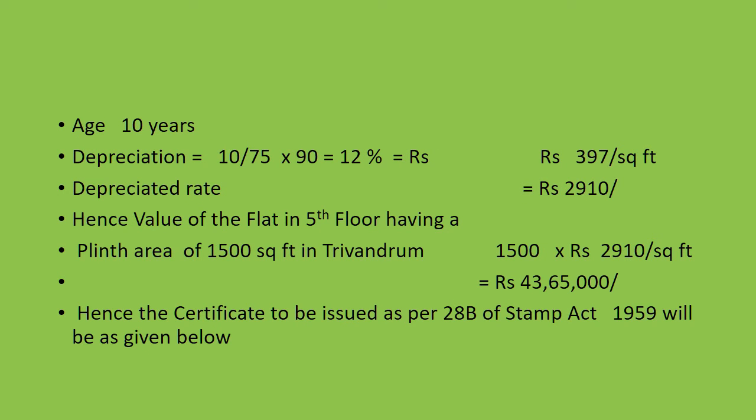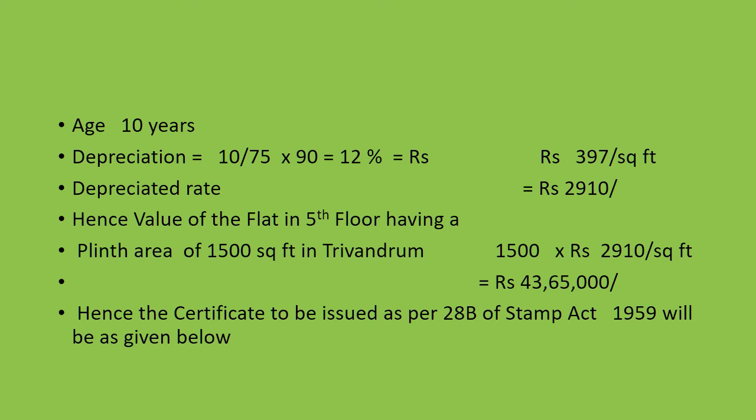The age of the flat is 10 years, so we have to deduct for depreciation. Depreciation is worked out as 12%, which is equal to rupees 397. So the rate after deducting the depreciation is equal to rupees 2,910 per square foot.